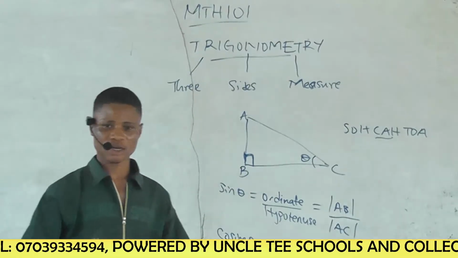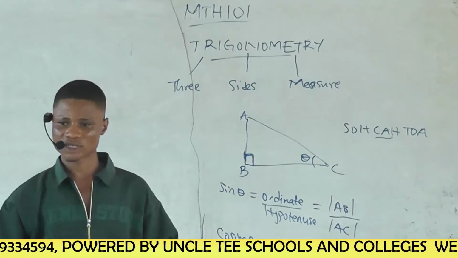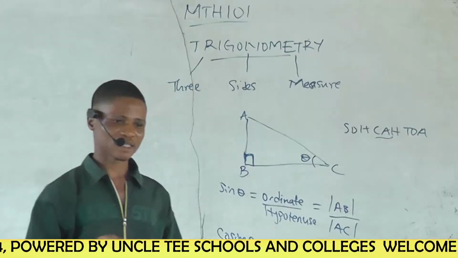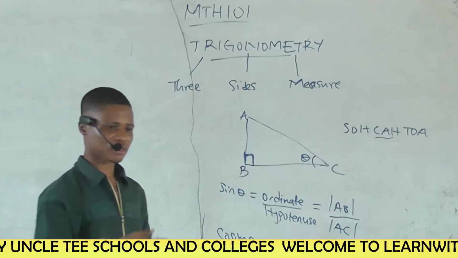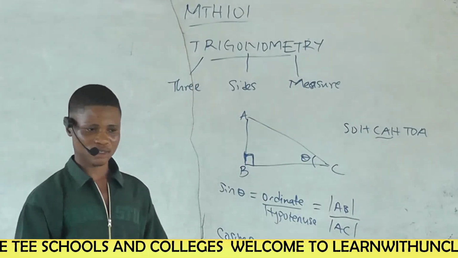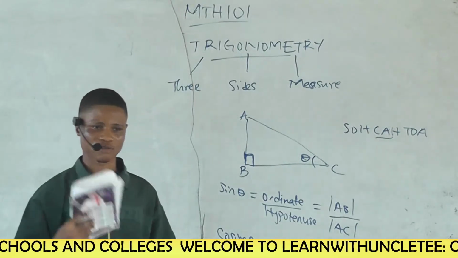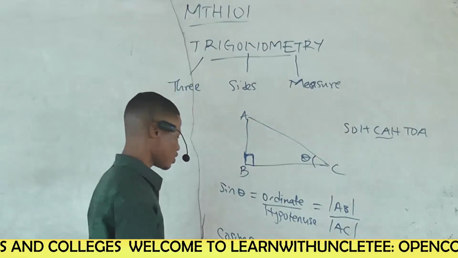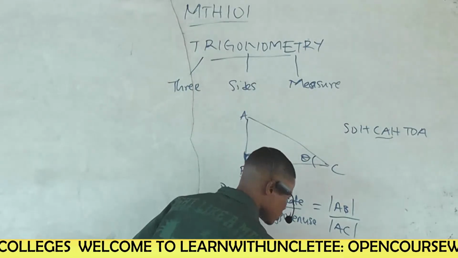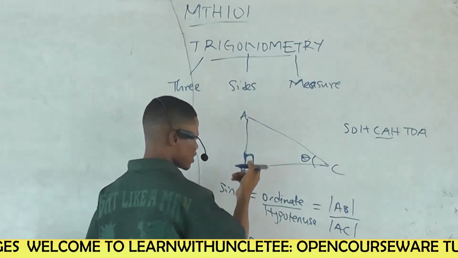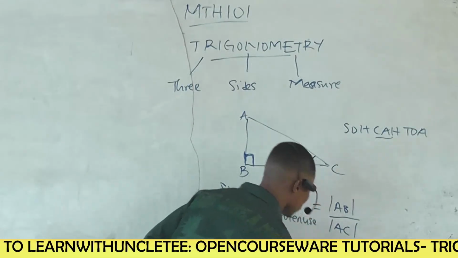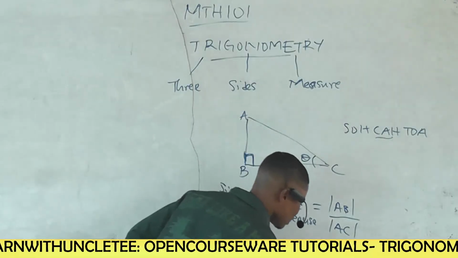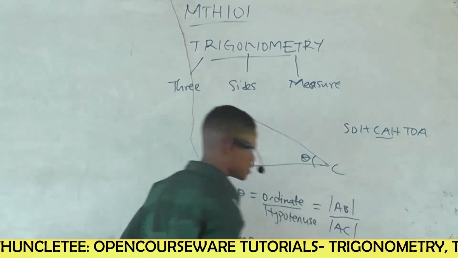This abscissa on a graph is usually considered as the x-axis. In some cases, they call it adjacent, but in mathematics, we make use of abscissa. So the abscissa here is line BC over line AC. So that's it.